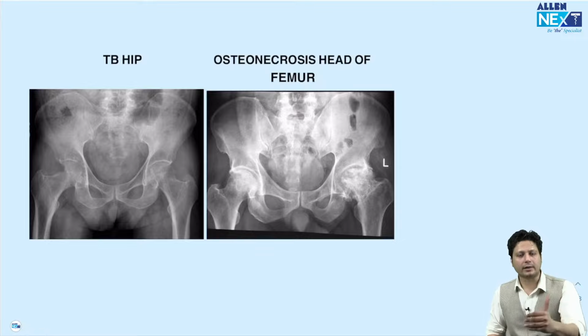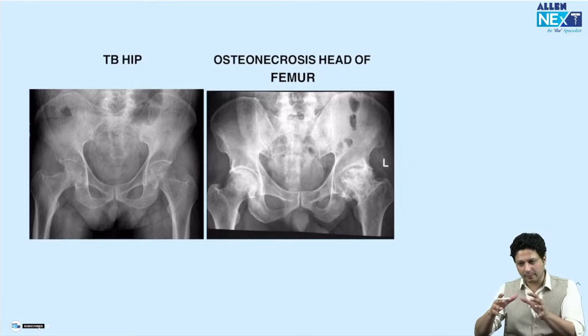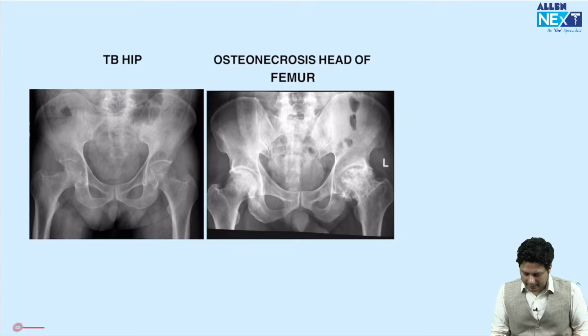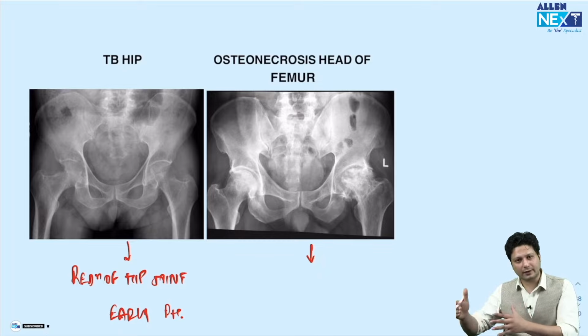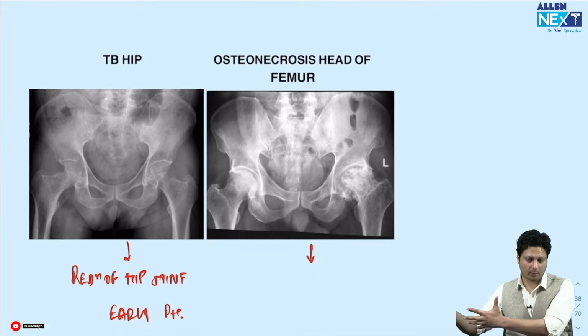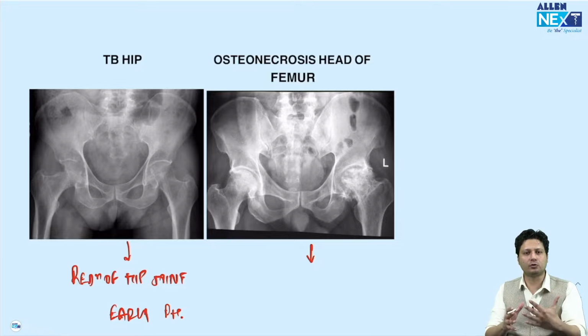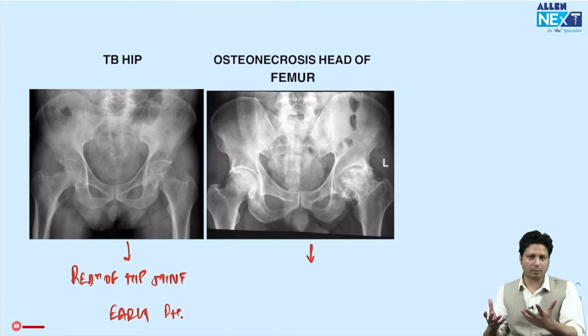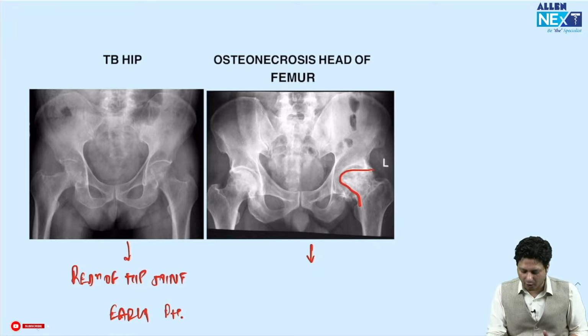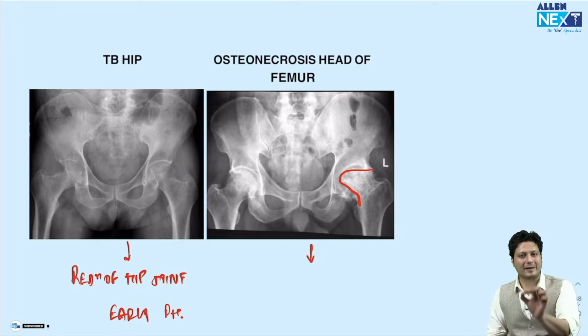The most important distinction between the two that you have to observe is the X-ray finding. In case of tuberculosis, reduction of the hip joint space is an early phenomenon, while in osteonecrosis of the head of the femur, it is a late phenomenon. They will not give you reduction; rather, they will give you flattening, lateral migration, and increased sclerosis of the head of the femur, as visualized here. The head is deformed and flattened, but the joint space is still preserved.